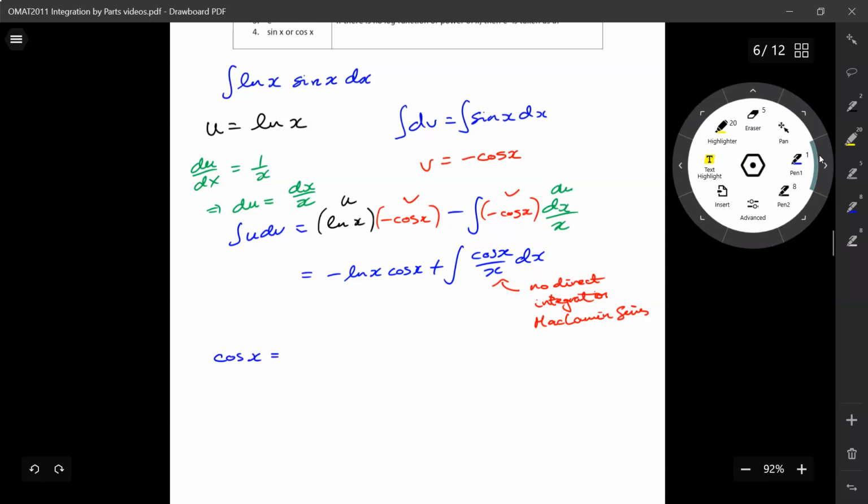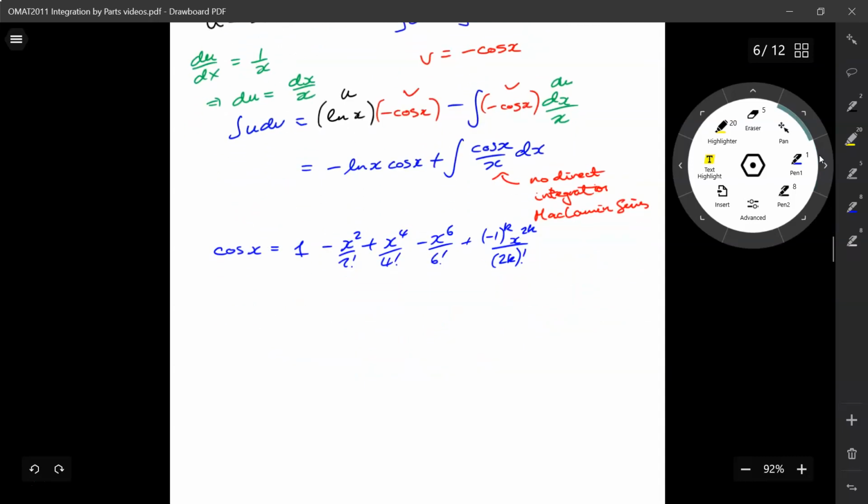And the Maclaurin series for cosine of x is 1 minus x squared over 2 factorial plus x to the 4 over 4 factorial minus x to the 6 over 6 factorial, and so on. And there's a general formula here, minus 1 to the power of k times x to the power of 2k over 2k factorial. That's the general formula. You don't have to worry so much about that.